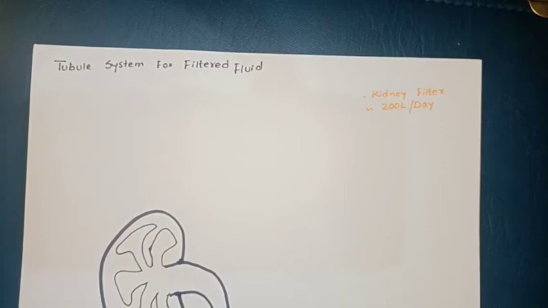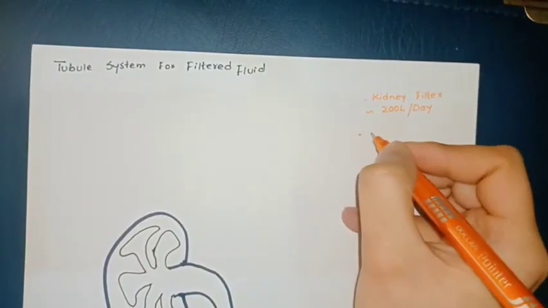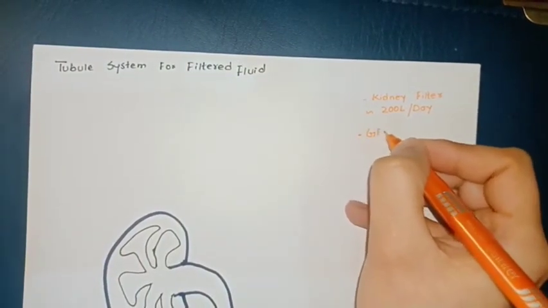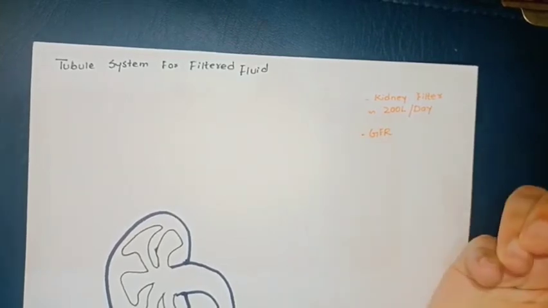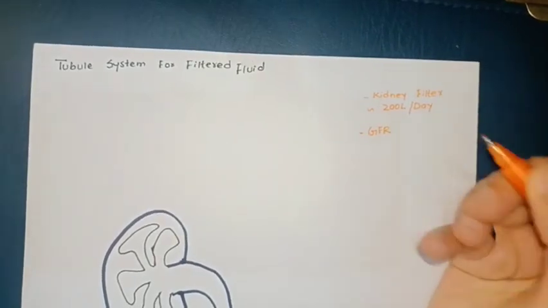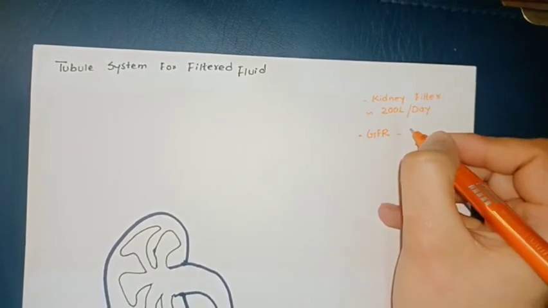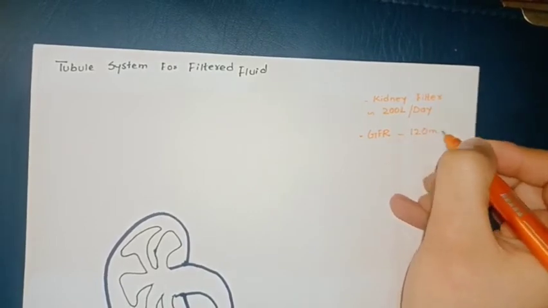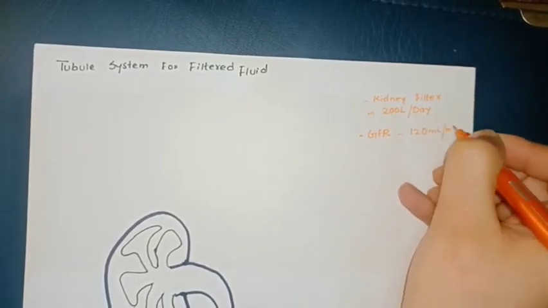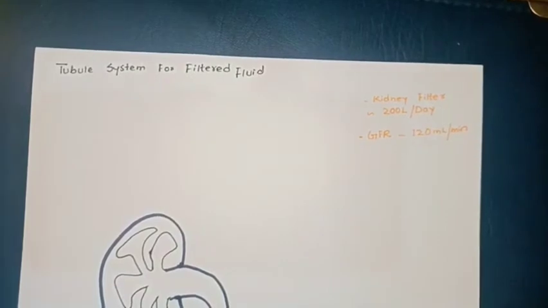Now for the healthy GFR, glomerular filtration rate, the healthy glomerular filtration rate is 120 ml per minute. And how much urine does it produce per day?